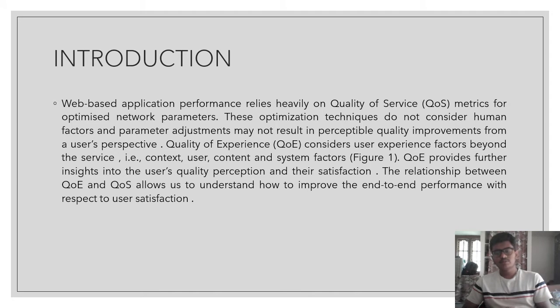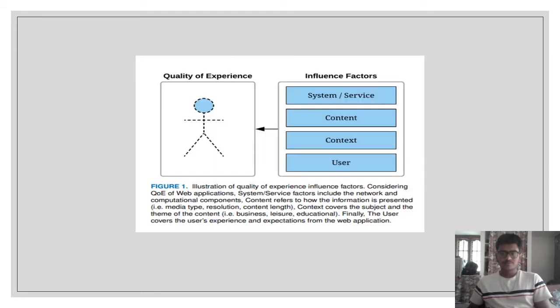So quality of experience considers a user's experience factors beyond the service, that is, context, user, content, and system factors. QoE provides further insights into the user's quality perception and their satisfaction. The relation between QoE and QoS allows us to understand how to improve the end-to-end performance with respect to user satisfaction.